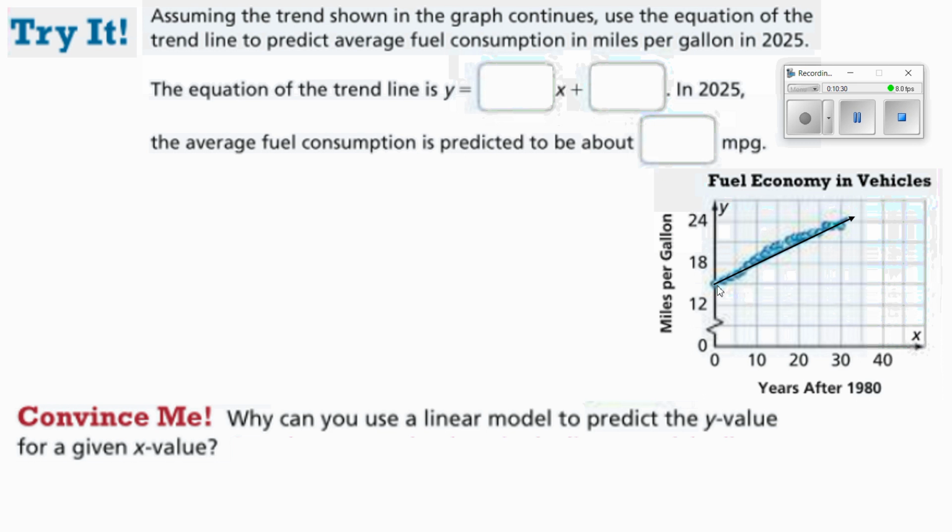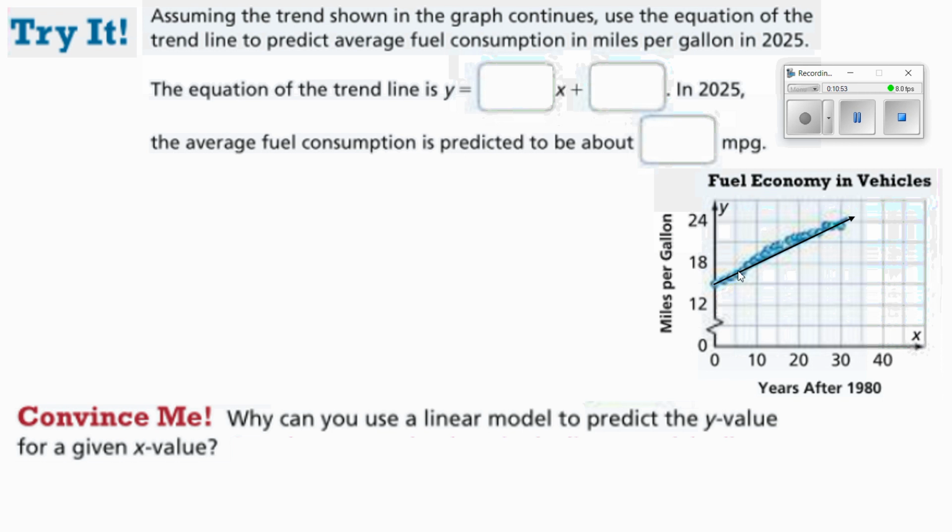Well, I know that my y is going to be between here and here, and it looks like, let's see, between 12 and 18, that's a difference of 6, so every one of these must be 3. The difference between 18 and 24 is also 6. So that definitely means that every one of these is 3, and 12 plus 3 is 15. So this must be 15.